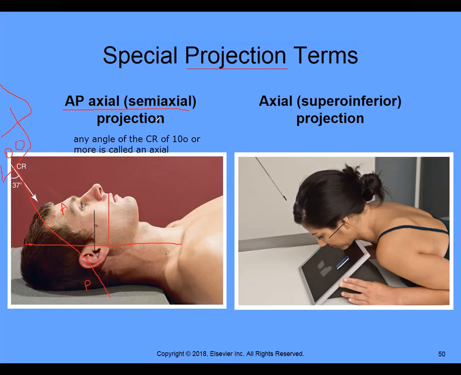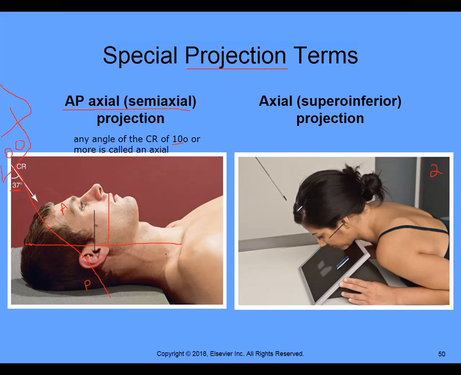So what makes it an axial, again, is that I'm angling the X-ray, the central ray, 10 degrees or more. In this case, it's giving us here the number of 37, so they've angled 37 degrees. Here, in this picture, number 2, it's coming in at an angle, and that makes it an axial, remember, because it's more than 10 degrees.